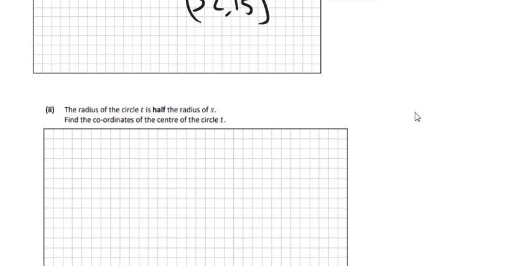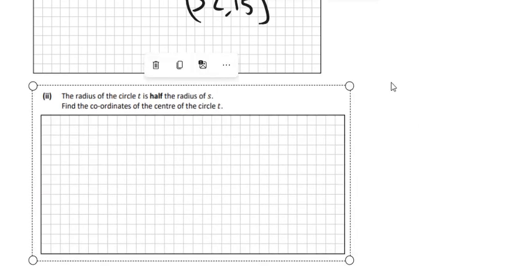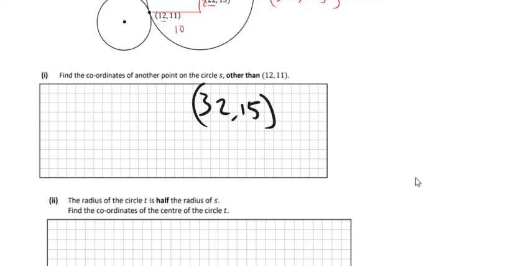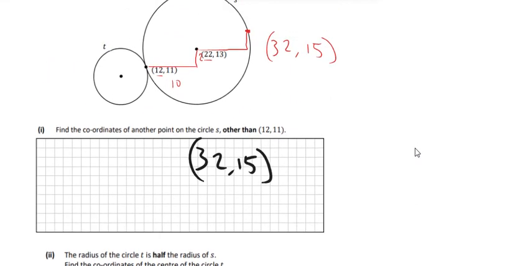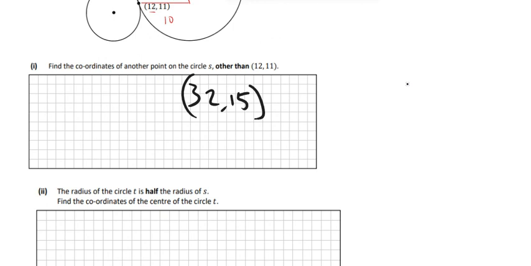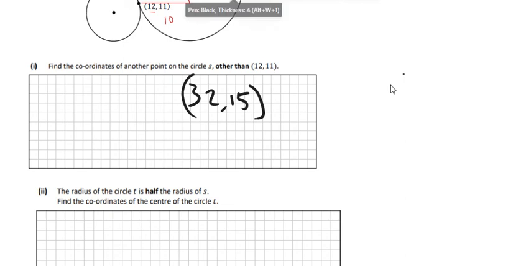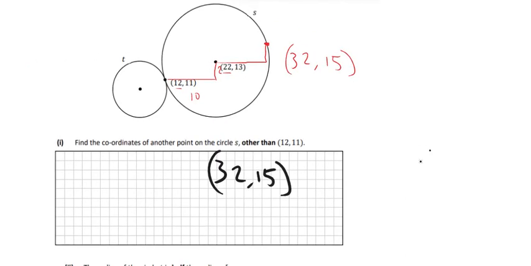The radius of the circle T is half the radius of S. This is why I used that way in the first part as well. So everything is halved here now. To get across to there, you went 10 across.